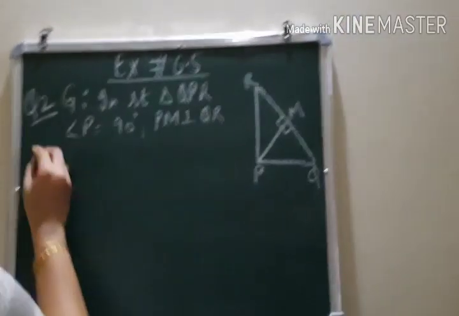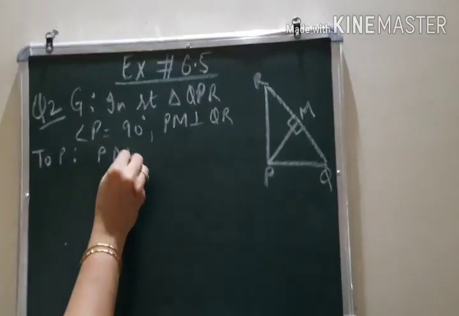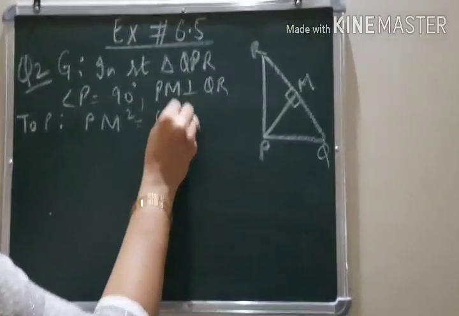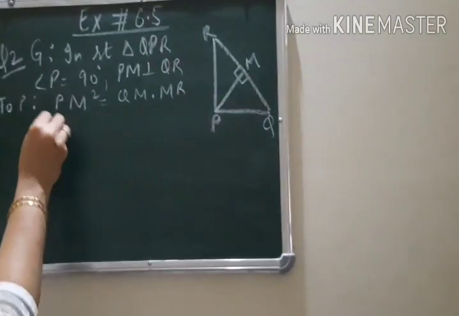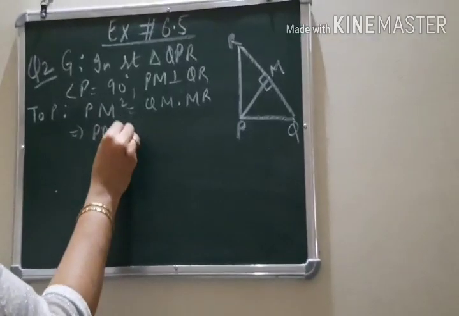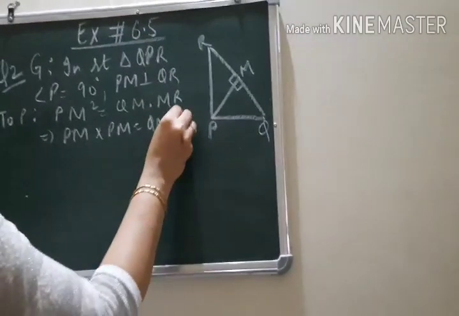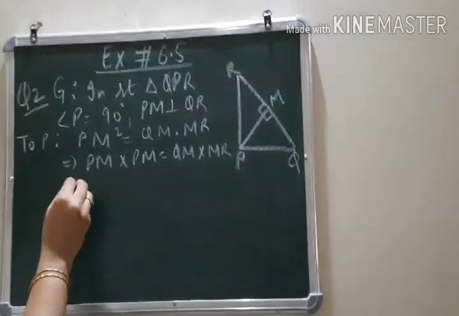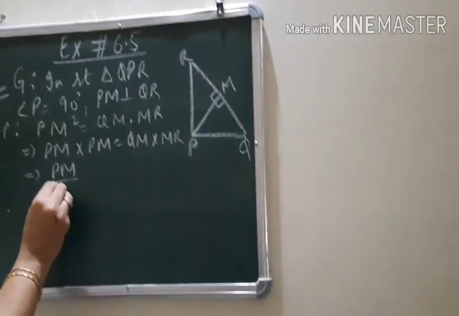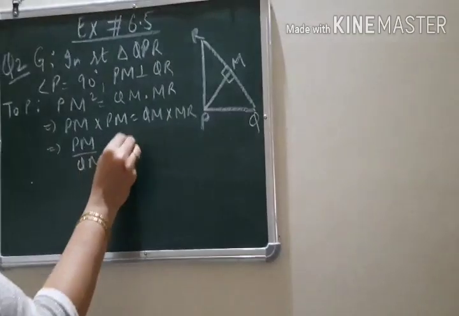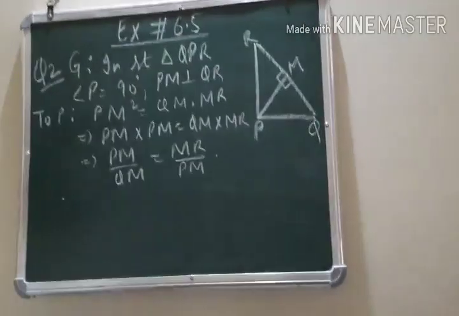This is given, and you have to prove PM square is equal to QM into MR. Now if I write it in this manner, PM into PM is equal to QM into MR, and further I can write it as PM upon QM is equal to MR upon PM. You can write it like this.